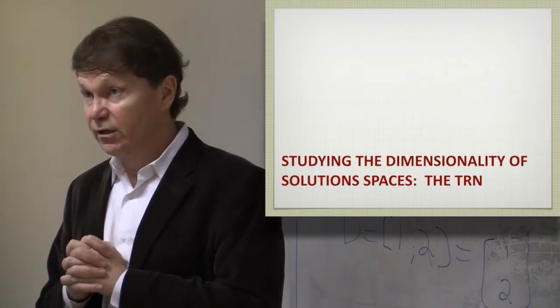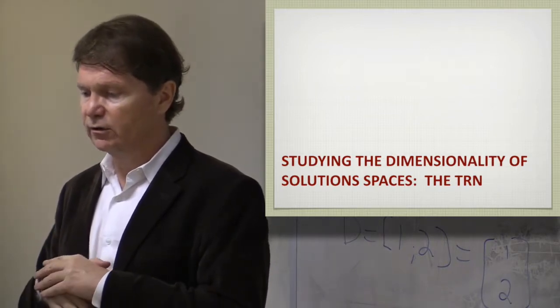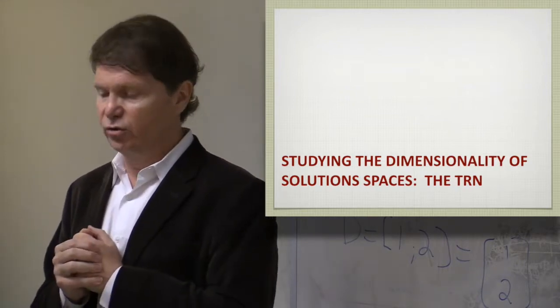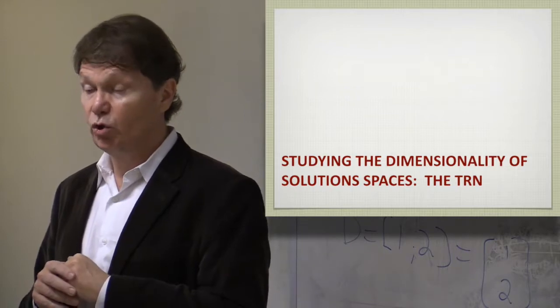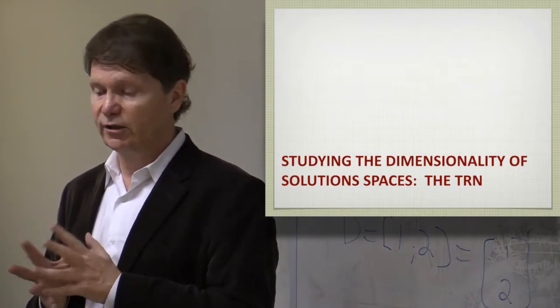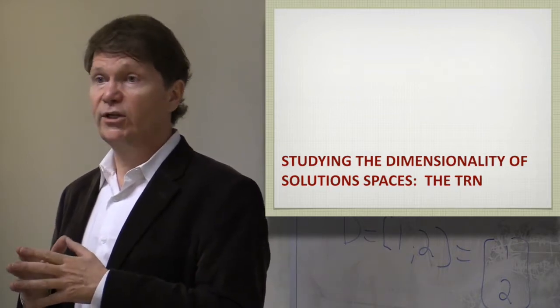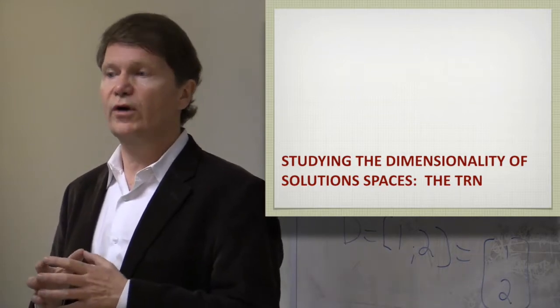Now let me end here by talking a few minutes about how to address a conceptual or a theoretical issue using sampling. And we can use the study of dimensionality of solution spaces to interpret regulation and the network level point of view of regulatory needs.